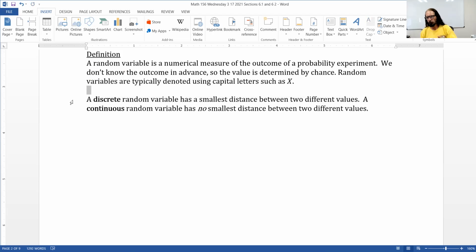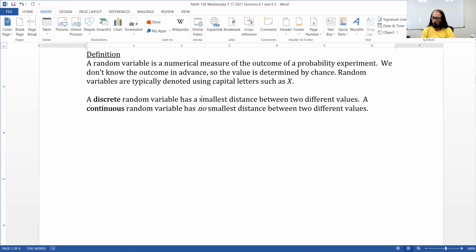You might be counting 1, 2, 3, 4. You might be counting by halves, 0, 0.5, 1, 1.5, 2, and so on. So this countable idea is equivalent to there being a smallest distance between two different values. And that would be whether you have something finite or infinite.